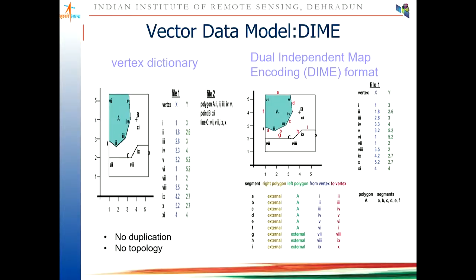If a district A is there, then the corresponding neighboring district B will always remain to the left, whatever representation or projection system you use. So this kind of information is stored, and these are called topological relationships, and this becomes important information for carrying out directional analysis.